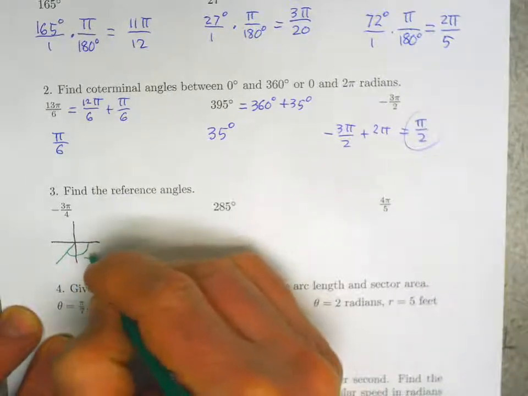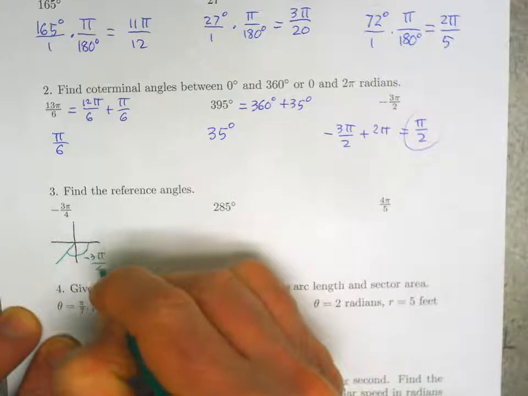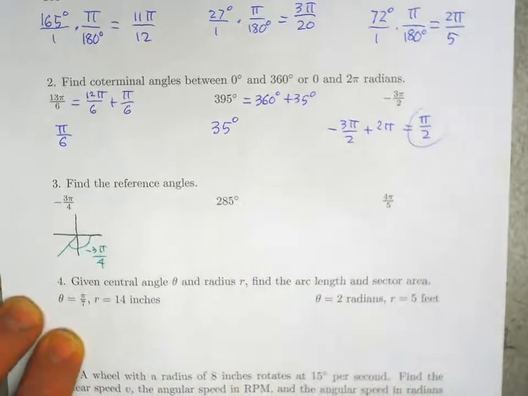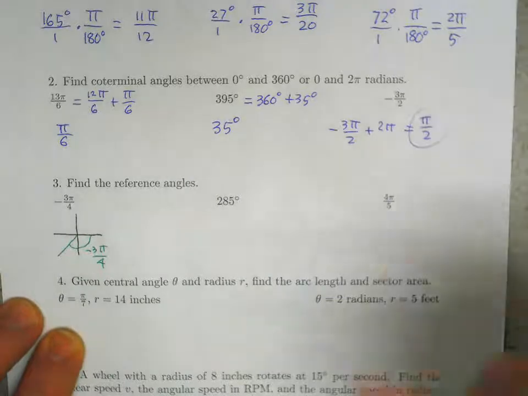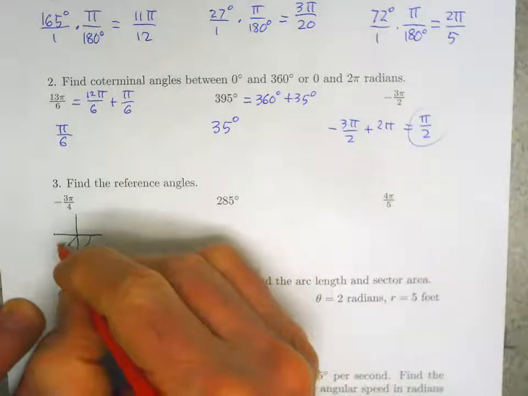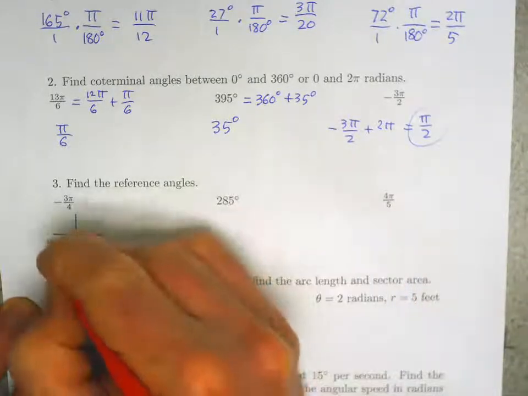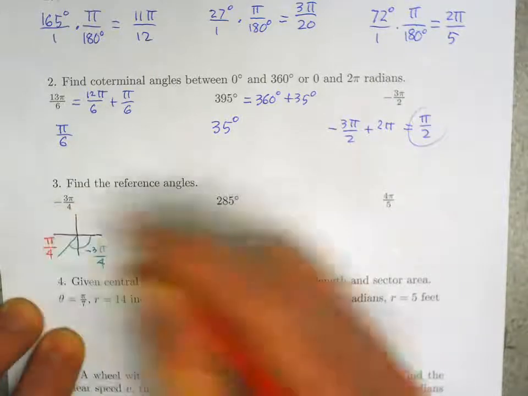So there's negative 3 pi over 4. And we're pi over 4 radians short of 1/2 of a revolution. So the reference angle is pi over 4.